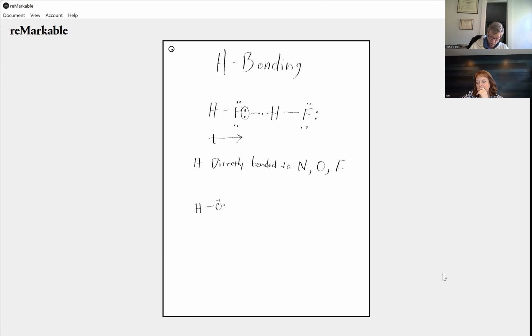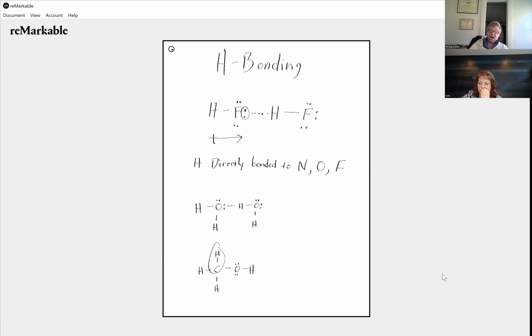So if we look at water, you have hydrogen directly bonded to oxygen. Yes, it has hydrogen bonding. If you look at methanol, these hydrogens do not undergo hydrogen bonding. Yes, they're in the molecule, and the molecule has oxygen.